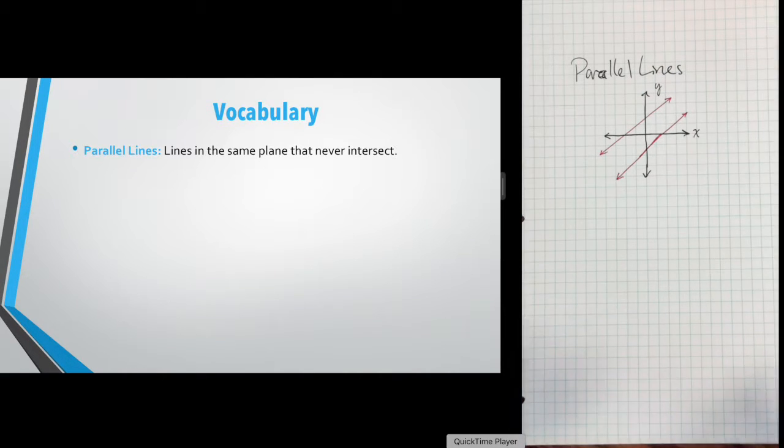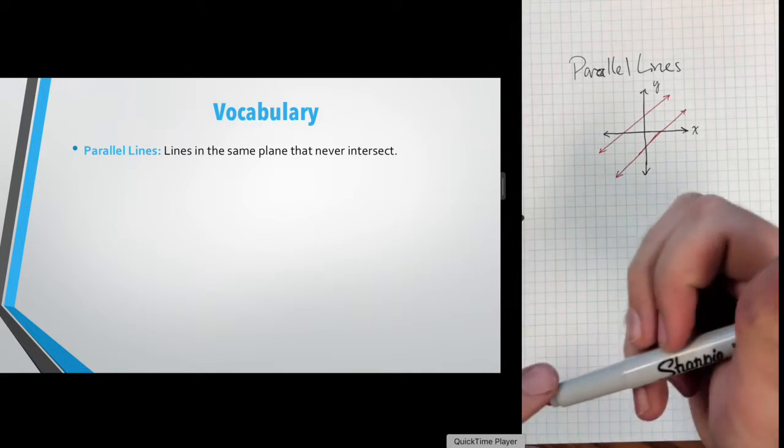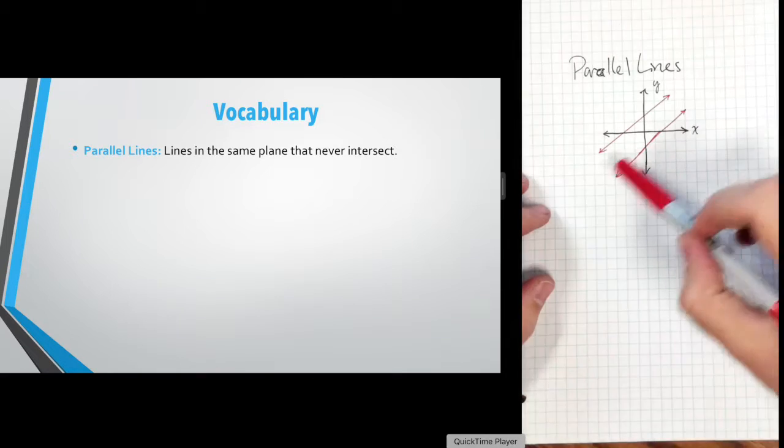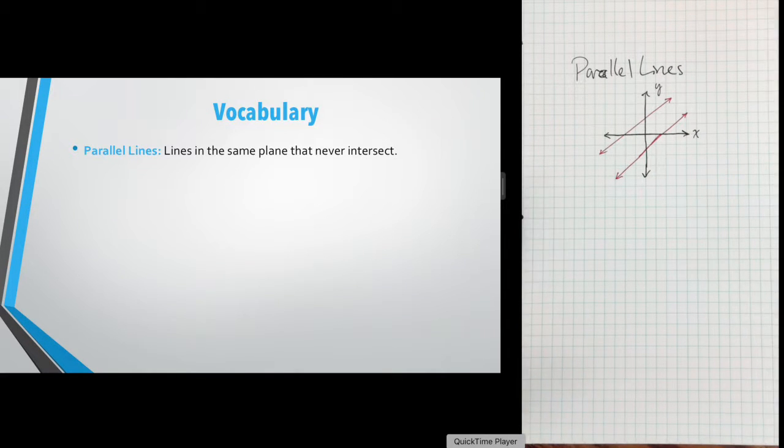So there are two lines that never touch. Now mine are a little crooked, which is just my mistake, but they should be straight, both going the same direction, and then the idea is that if they continue on, they will actually never end up touching or intersecting. So these are parallel lines.